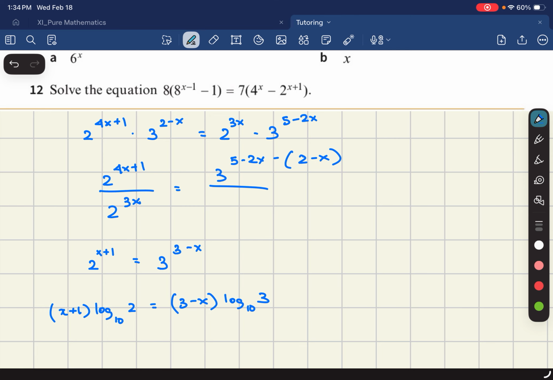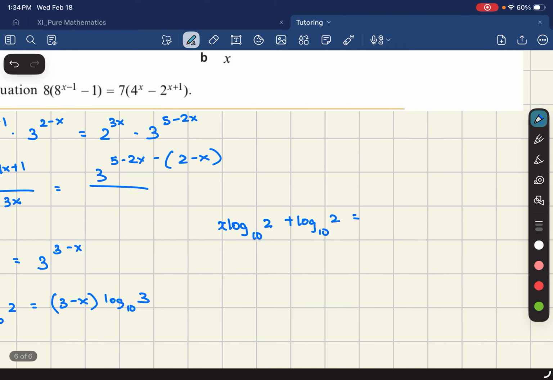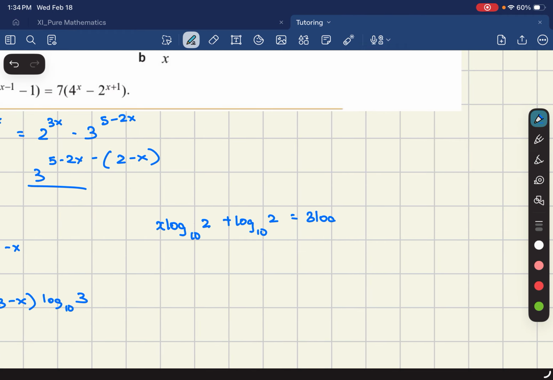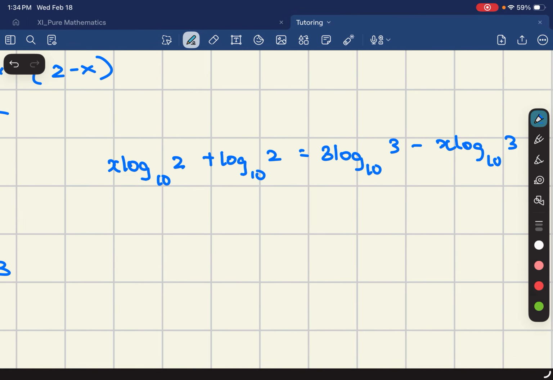And, well, I can isolate the value of x. So x log base 10 of 2 plus log base 10 of 2 is equal to 3 log base 10 of 3 minus x log base 10 of 3. And I can club my variables, and I'm going to skip some steps here because I think now that you have understood the logic, this should be easy to follow.